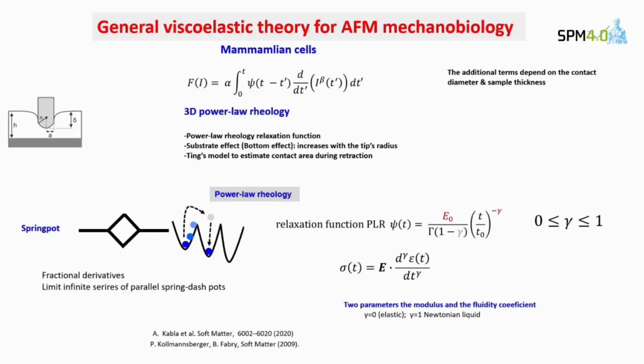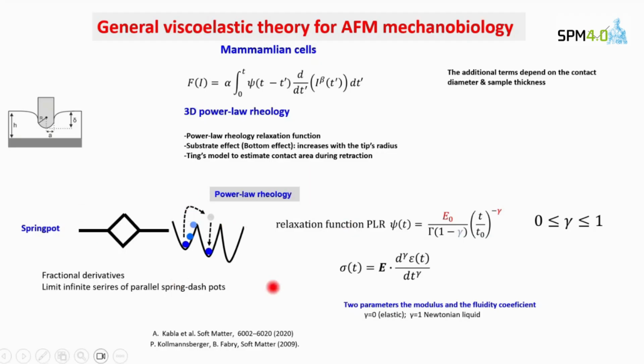It is called three-dimensional because you include the geometry. The geometry is in the coefficients beta and alpha, which bring geometry into the expression of the force. Okay, so power law rheology.